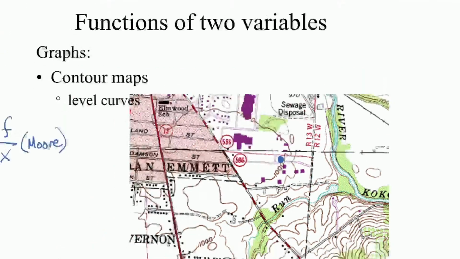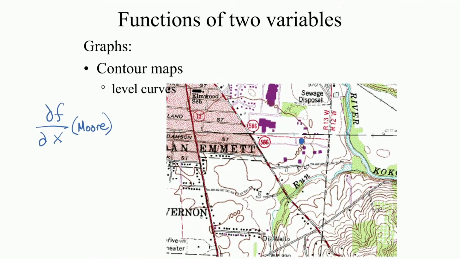So the derivative with respect to x means how much is the slope, or how much is the altitude changing when I go that direction, if I had to estimate that. Now, I realize that when you look out the window here, the ground is flat. So really it's 0 right here. But if you go a little bit that direction, it goes downhill, right? So how much downhill does it go?